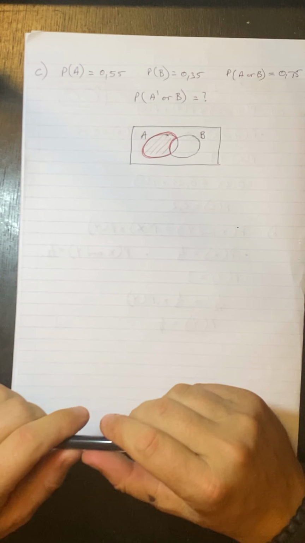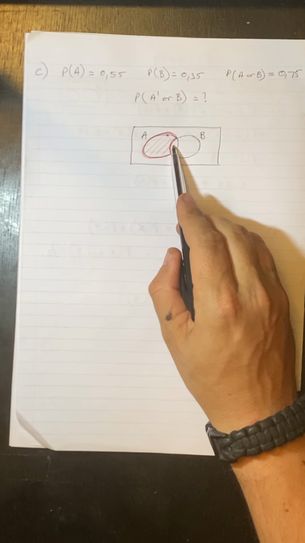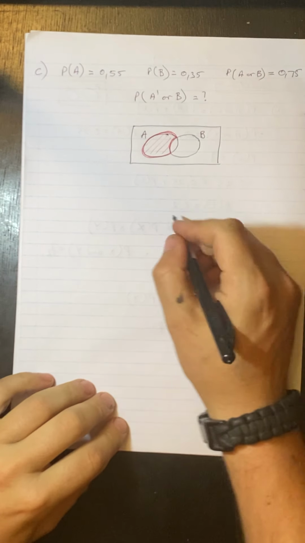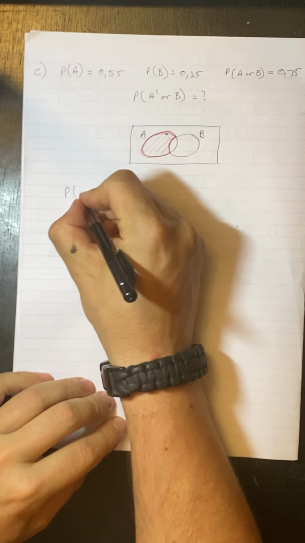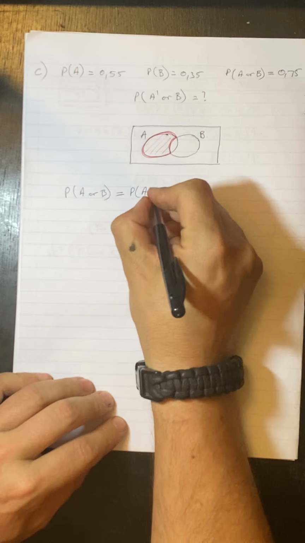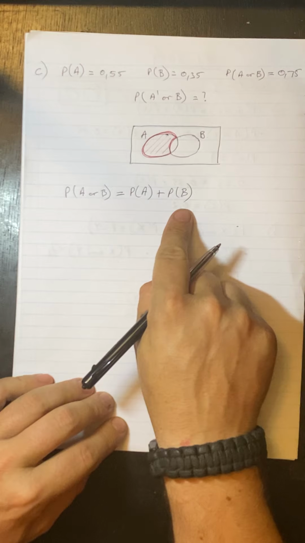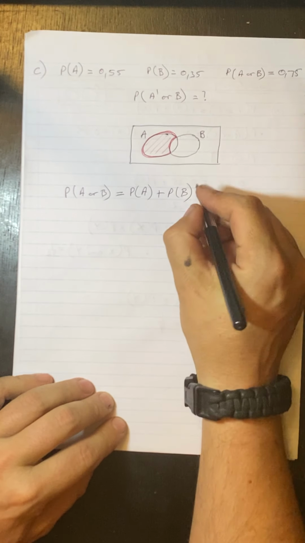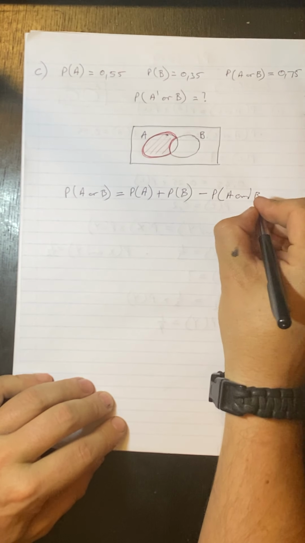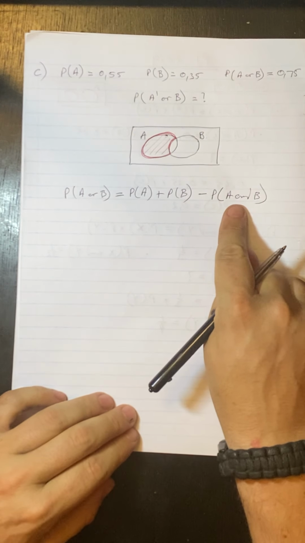What I need to do first is find out what this bit here is, the A and B. How we can find that is by using this formula: the probability of A or B is equal to the probability of A plus the probability of B, which you saw just now. But because we have an intersection, we need to subtract the probability of A and B. That's the intersection bit we're finding.